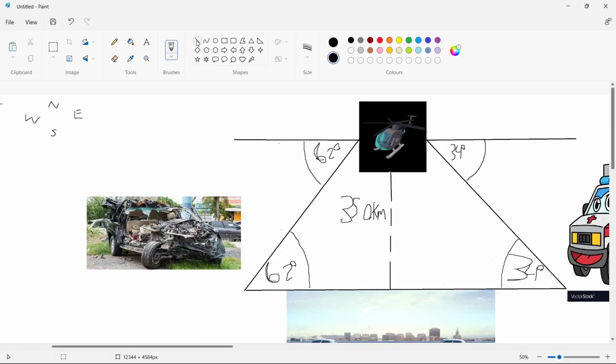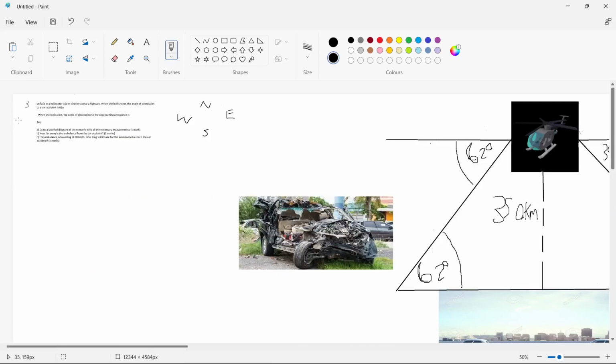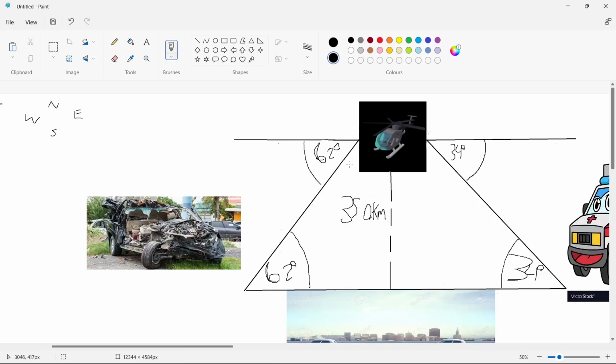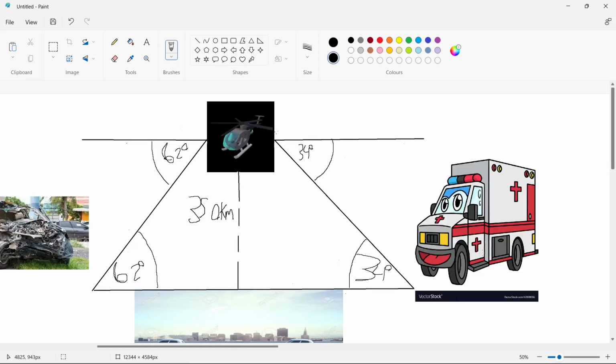Now that is done, we're gonna look at question B, which is how far away is the ambulance from the car accident. A says draw a labeled diagram of the scenario with all the necessary measurements, and I think this is pretty necessary to go on to question B. So let's get into it.